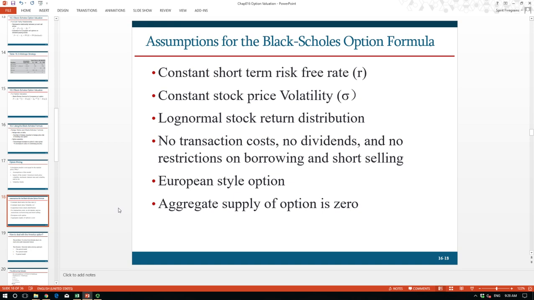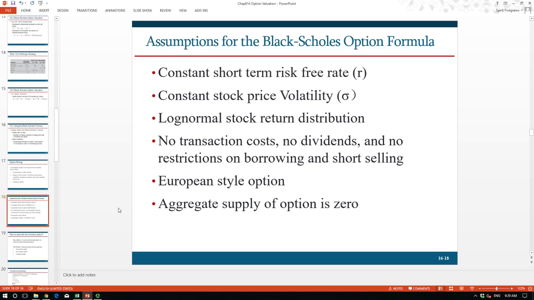In the Black-Scholes formula, the risk-free rate is a constant number, which means it will not change. Let's say for the future 3 months, this number will not change. It should stay at the 2% level or 2.5%. But this is an invalid assumption because you never know how the risk-free rate will change in the future.